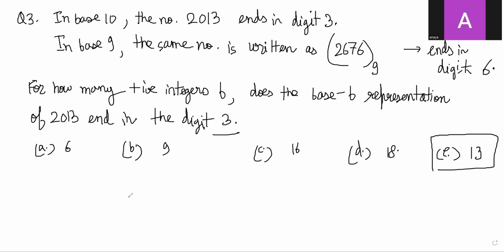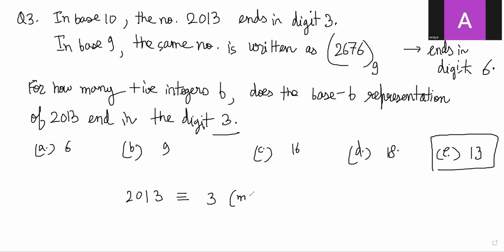Because it says it has to end in the digit 3, and for any base b number, the units digit is always multiplied by b to the power 0, so it's basically 1, and you want a 3 to be there. So 2013 has to be equal to 3 plus b times some number.